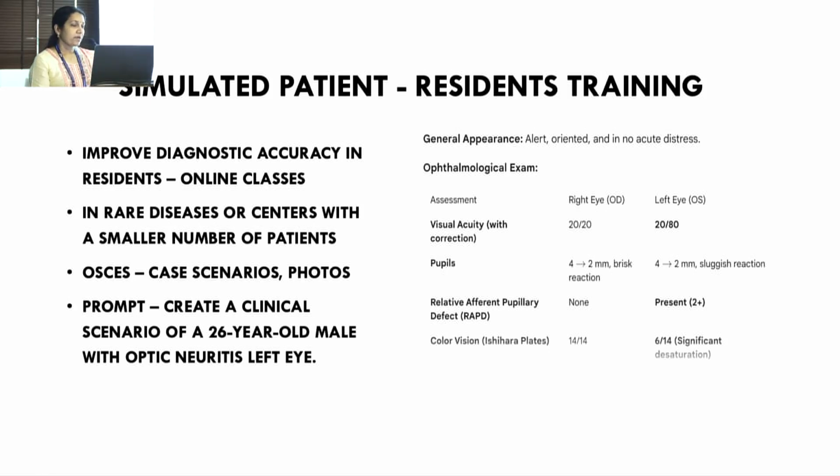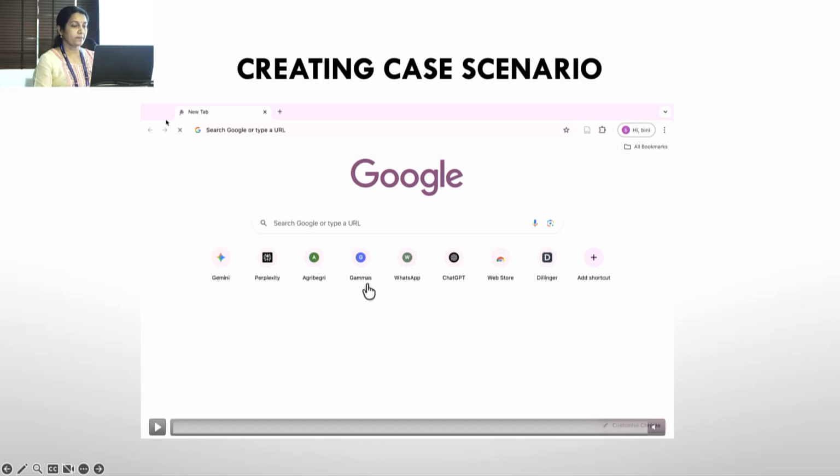Coming to the uses one by one, we can create simulated patients or patient scenarios for residents' training. It can be useful for rare diseases. We can prepare questions like OSCEs based on the clinical scenarios. Here I am going to create a clinical scenario of a 26-year-old male with optic neuritis in the left eye, and this is the table I got after giving the prompt.